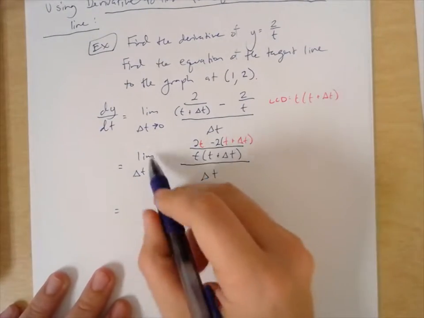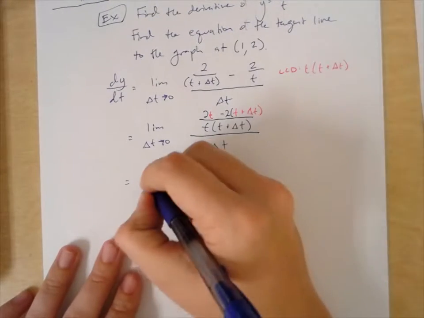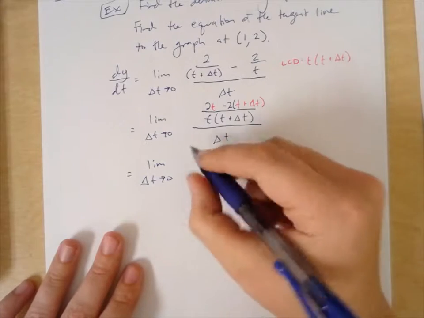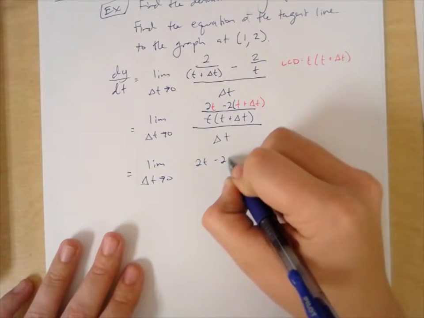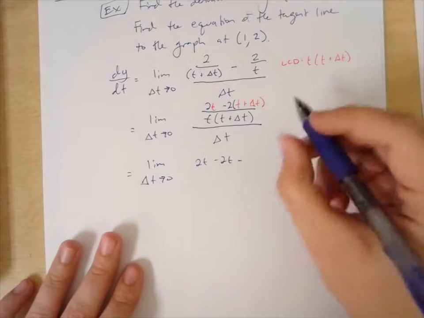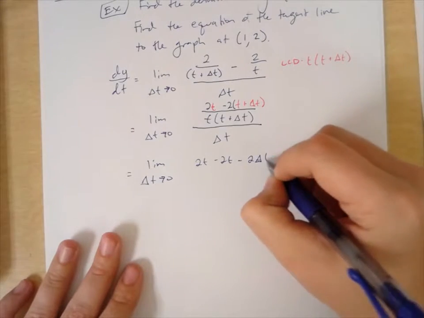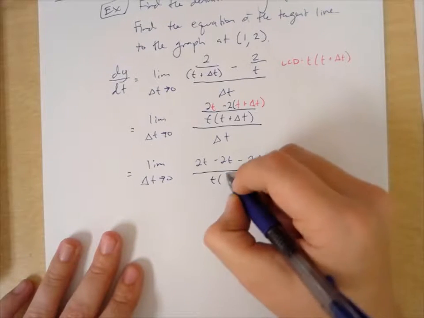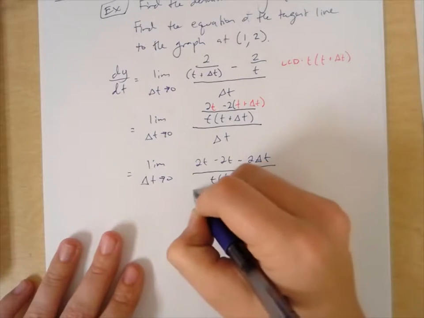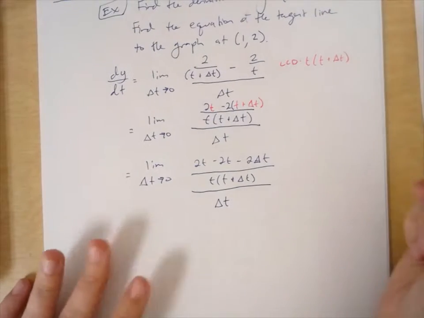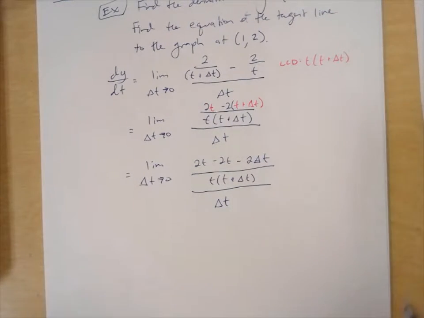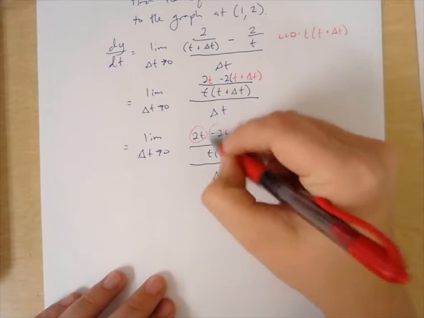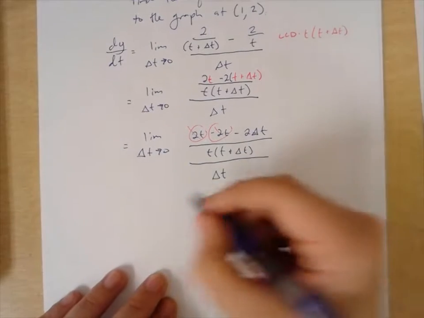So let's keep going here. I'm going to stop writing the limit thing, but understand that it's, you know what? No, I'm not going to get lazy. Let's write it. Okay. Now when we distribute out, we get negative 2t and negative 2 times the change in t, all over t times (t plus change in t), all over change in t. Alright, so what we're going to have now, as you can see on the top, our 2t's cancel.